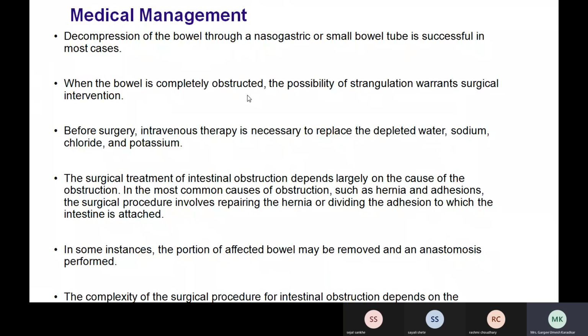Okay, so if they have decided for the surgery, the patient will be put on intravenous therapy to correct the fluid and electrolyte imbalance. Then the surgical treatment of obstruction will depend on the cause of the obstruction. If it is hernia and adhesions, then you have to repair the hernia and break down the adhesions, where the intestine is attached. In certain cases, they will cut off the affected bowel and anastomose, that is, join the remaining intestine.